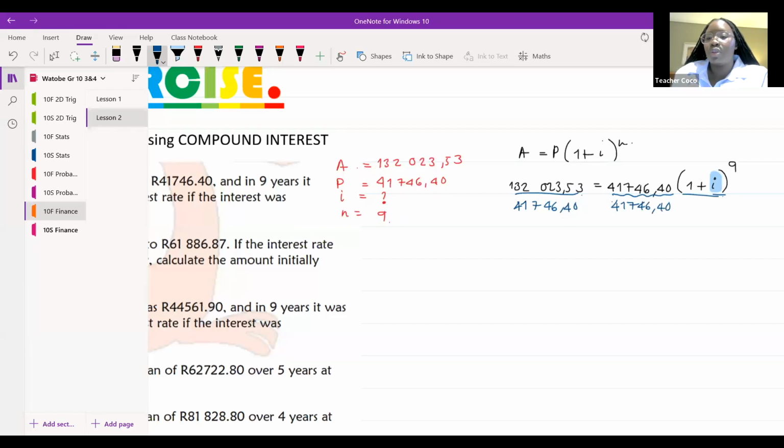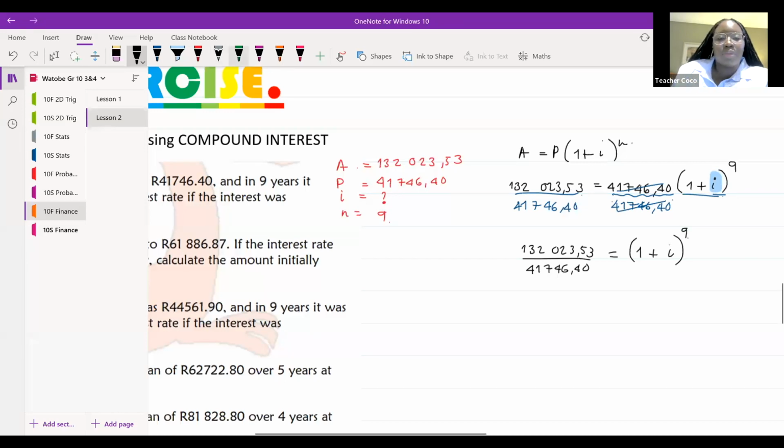Those two will cancel. So now we have 132,023.53 over 41,746.40 is equal to 1 plus I all to the power of 9.